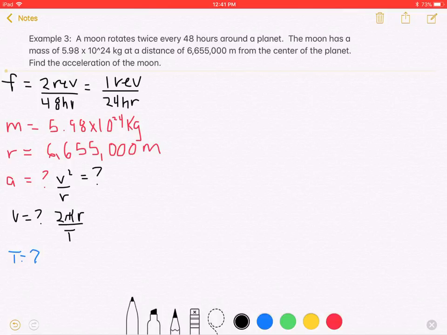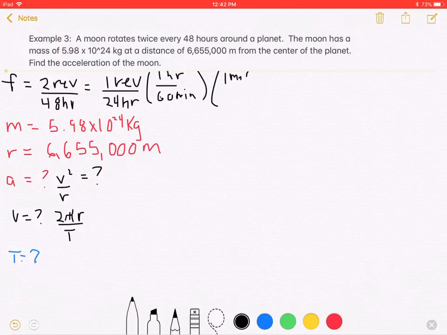Okay, so we're going to focus in on our frequency. We need it in revolutions per second. So we're going to figure out how many seconds it takes to make 1 revolution. We know that in 1 hour, there are 60 minutes, and then in 1 minute, we have 60 seconds. So we multiply that through, hours cancel, minutes cancel, and we're left with revolutions per second.